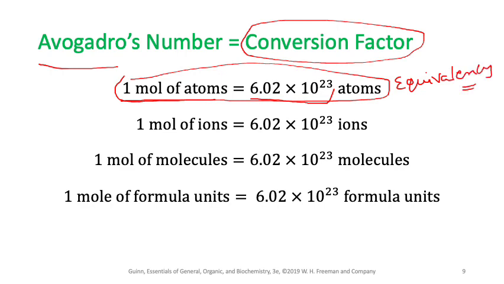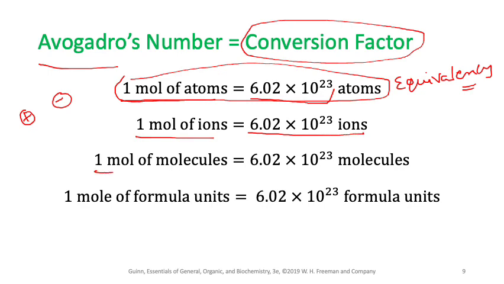If I say I have 1 mole of any atom, that means I have this number of atoms. Similarly, if I say I have 1 mole of ions, and what are ions? If you remember, ions can be positive ions, cations, and negative ions, anions. We already talked about this in the previous slide too. So 1 mole of ions means this number of ions.